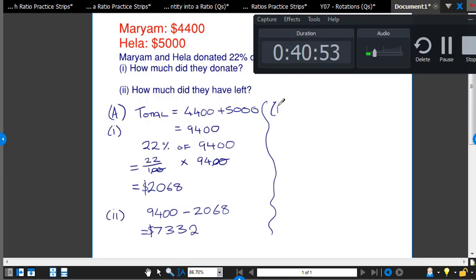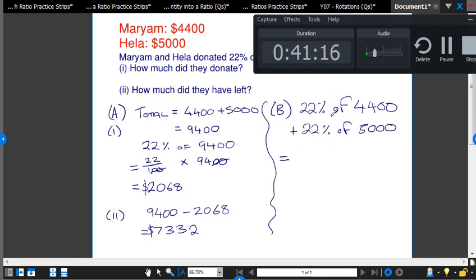So the other way, well, there's a couple of other ways that we did, but anyway. Let's call this method B. So this is where we get 22% of 4,400, which is Mariam's, and we're going to add that to 22% of Hella's, which is 5,000.